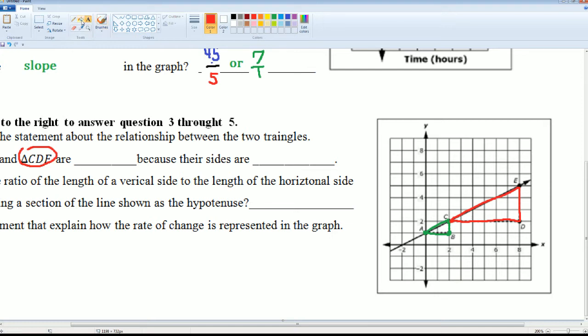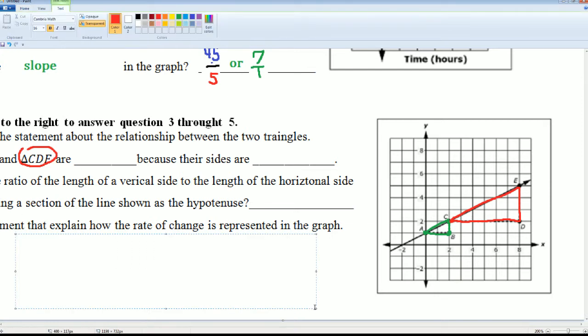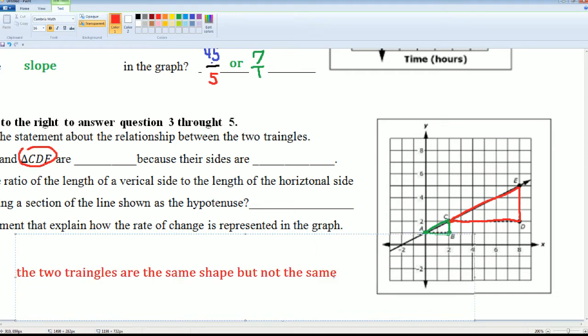Let's just write this. The two triangles are the same shape, but not the same size.